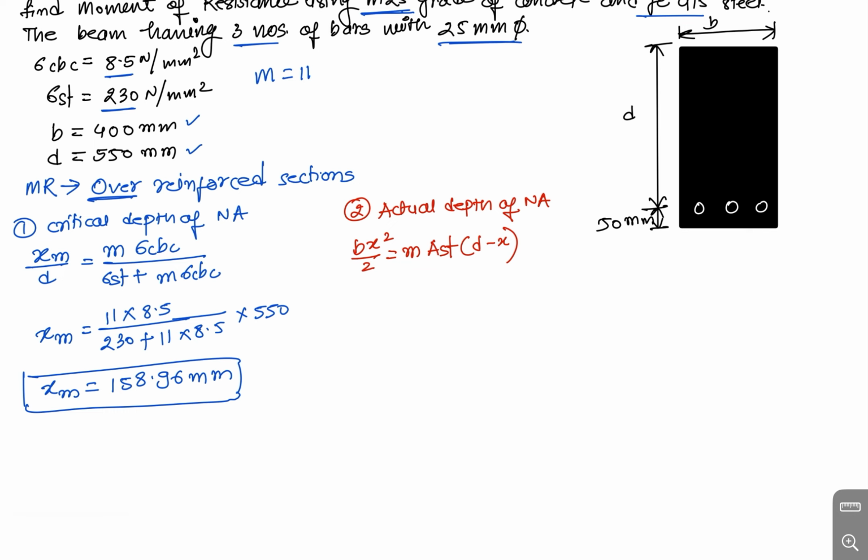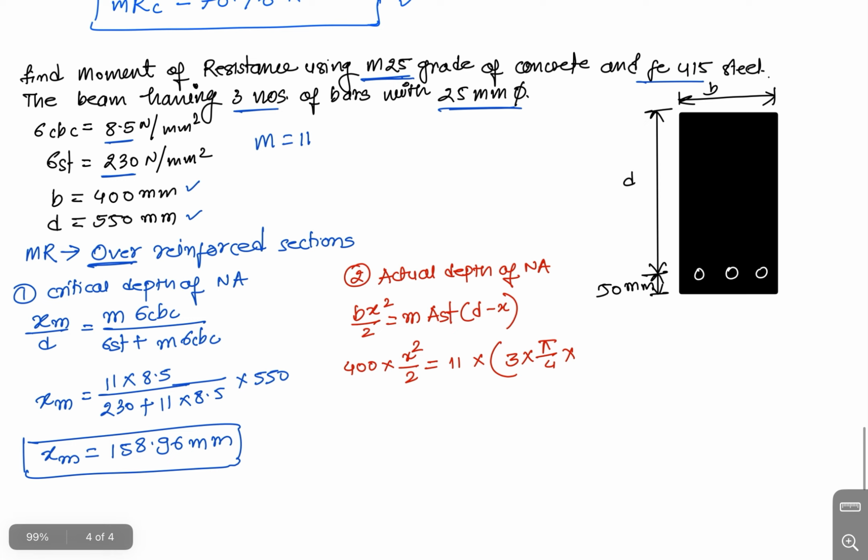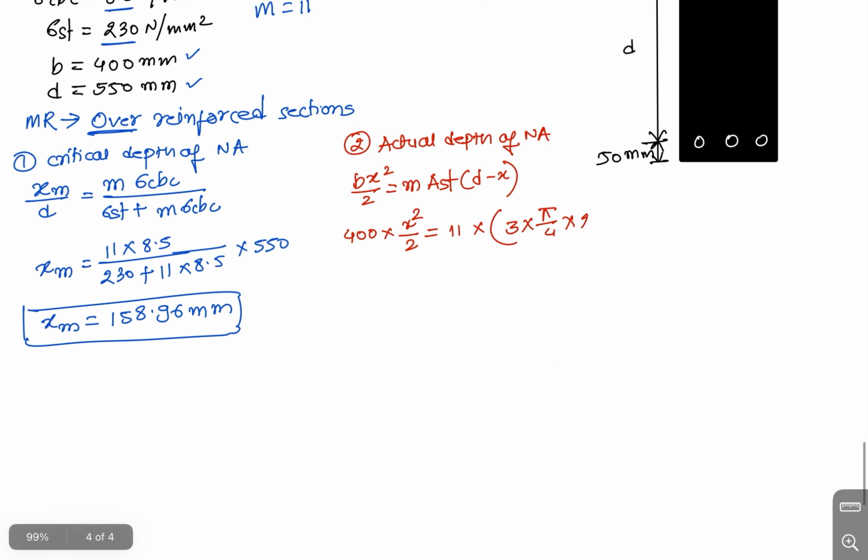So the formula is very simple. Put the b value, 400, into x square divided by 2, equals the m value, 11, multiplied by Ast, which is 3 bars multiplied by pi by 4 into the diameter of the bar, 25 square, into d minus x, which is 550 minus x.